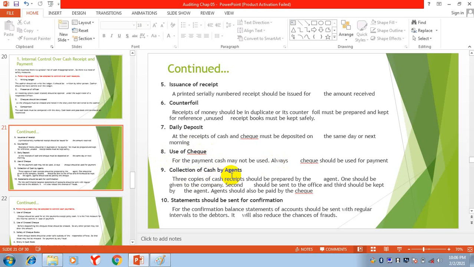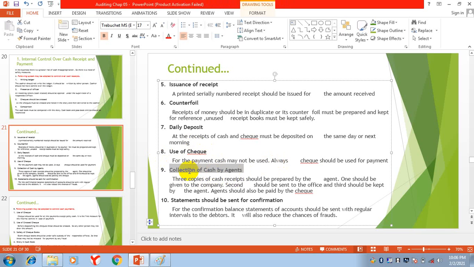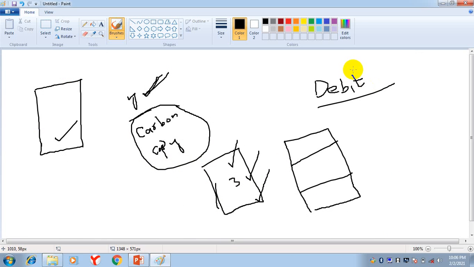Collection of cash by agents: if you are collecting your cash by agents, like debit card, there will be 3 copies, or 1 copy with 2 carbon copies below. 1 copy will be left with the agent, 1 copy will be sent to the company, and 1 copy will be given to the customer.